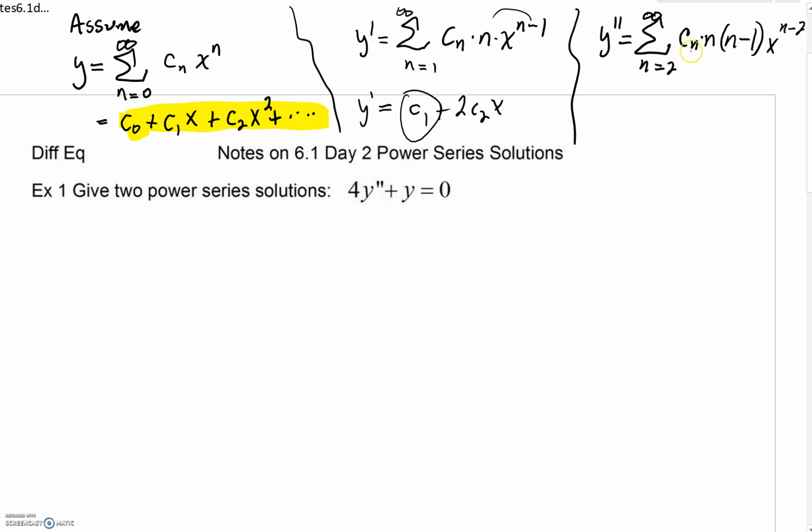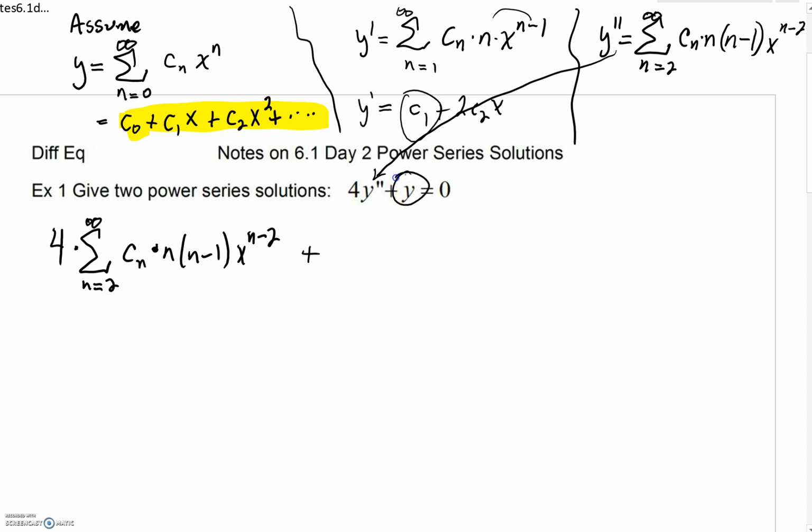Now we're going to substitute these in. So we will have 4, but what do we have for our second derivative? Well, we can write that as a power series. And we're going to do that right here. We just did that a moment ago. And then we'd say plus y. Well, what's our y? Our y, we started off right there.